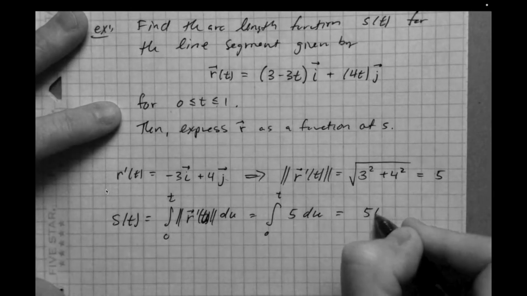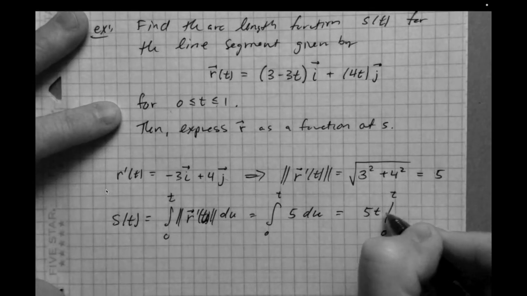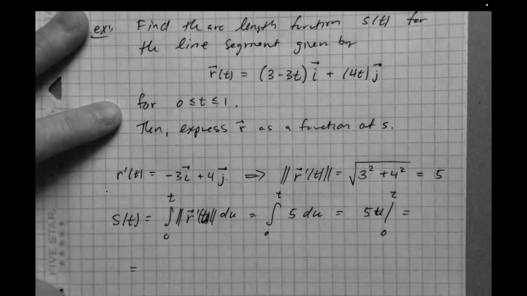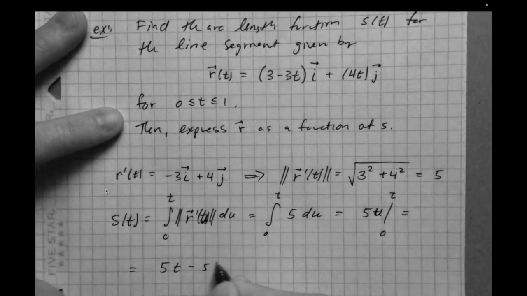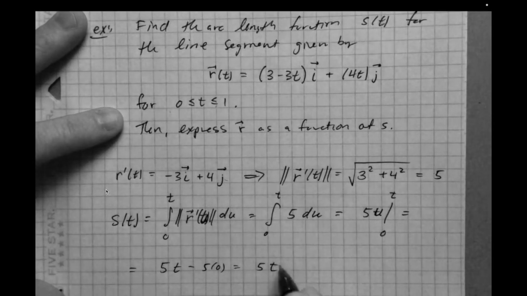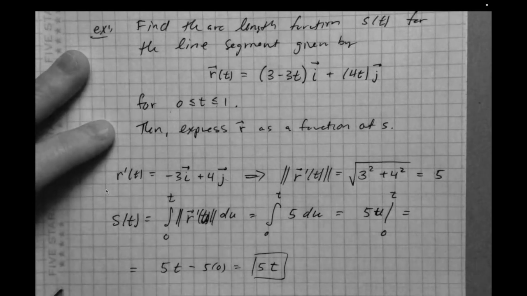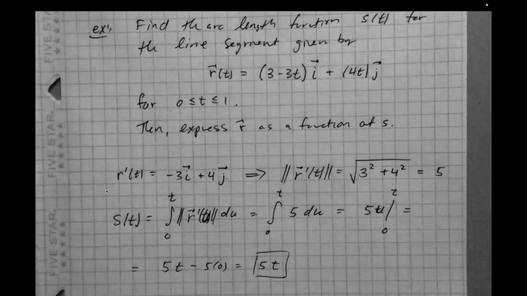So this is 5u, and then the bounds go from 0 up to t. I don't know how many times I'm going to make that mistake. Right, and so this is just going to be 5t minus 5 times 0, so 5t. Okay, so s of t is equal to 5 times t.